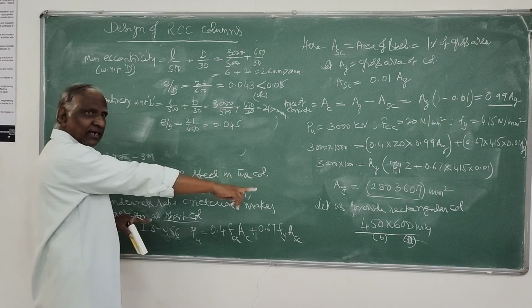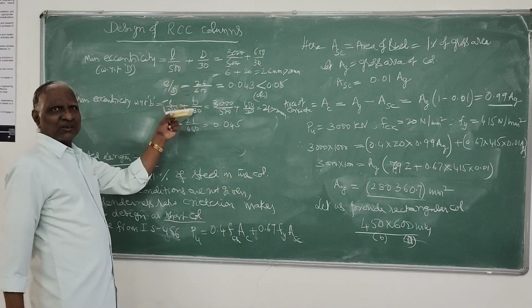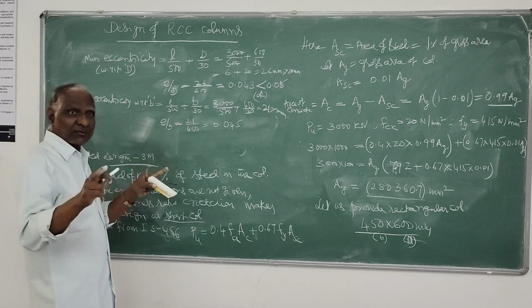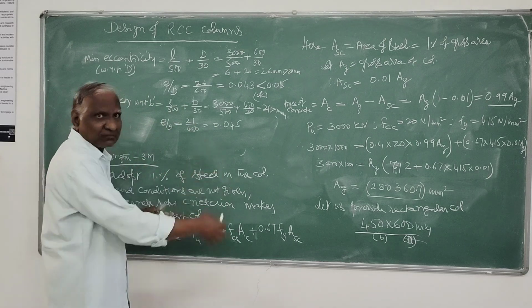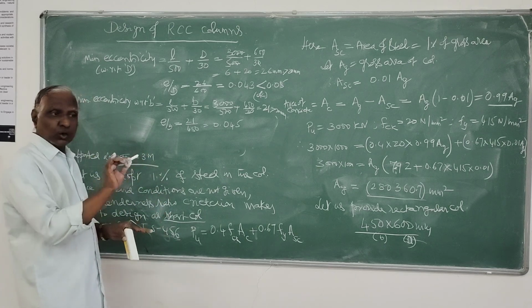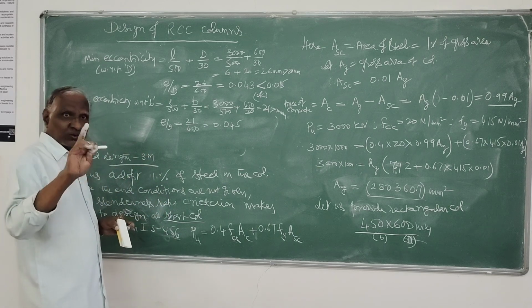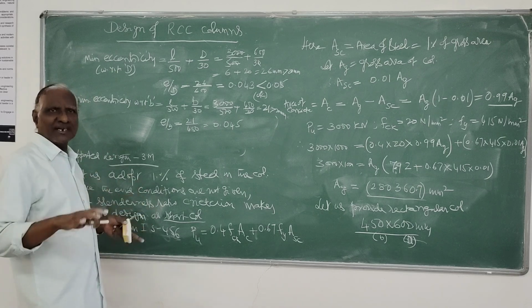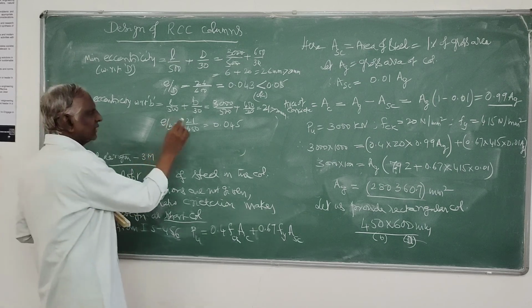Otherwise, if you select a square column, you are reducing one step here. Right? These are the points which you have to bear in mind, you have to observe while designing. Because design is purely in your hand, no uniform result, no single solution. It varies from person to person, how he decides. So you have to take care.